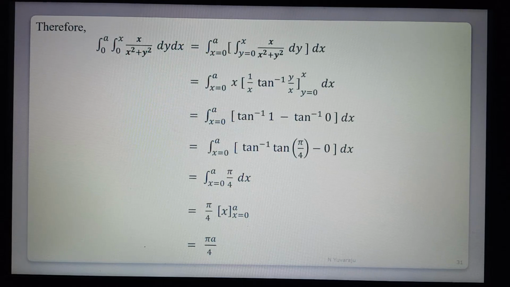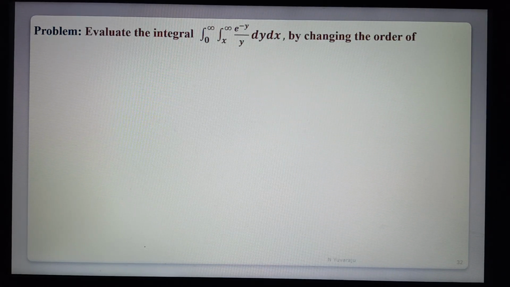See the next example. Evaluate the integration 0 to infinity, integration x to infinity of e power minus y by y dy dx by changing the order of integration. So this question is very important, and 99% it will be given in the examination.